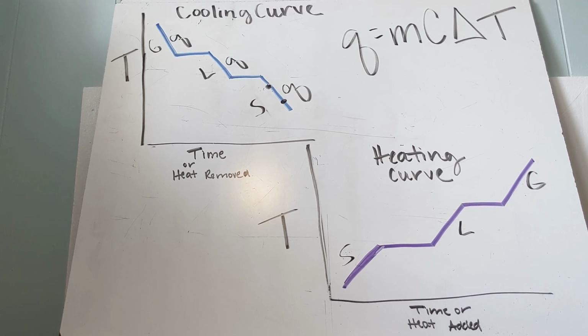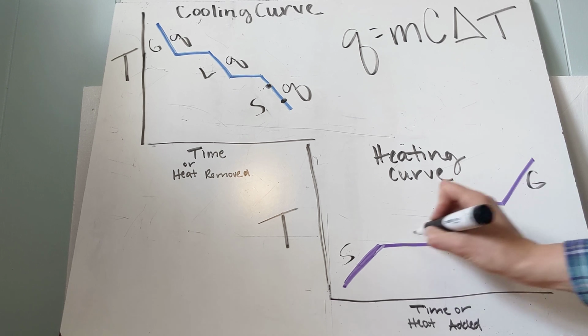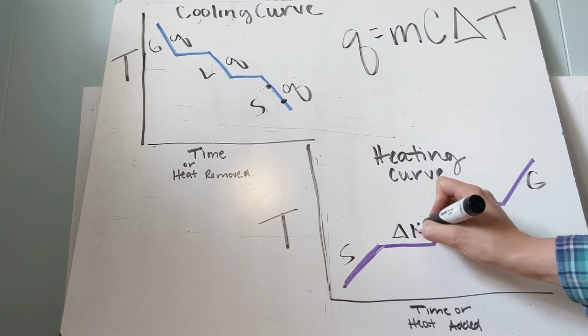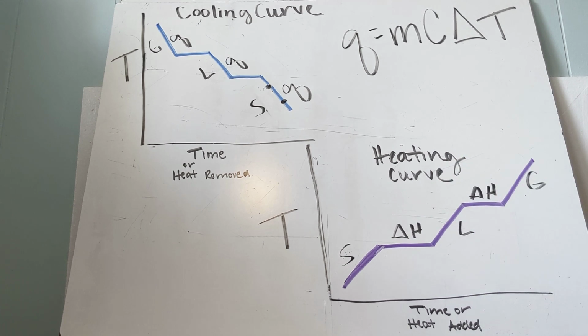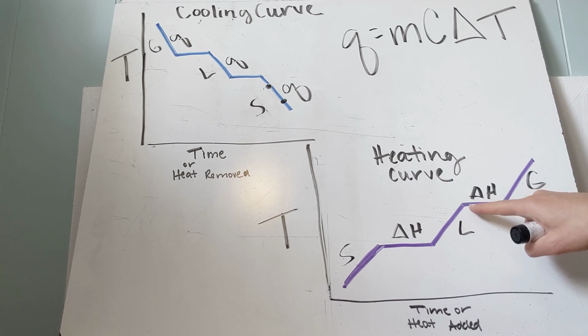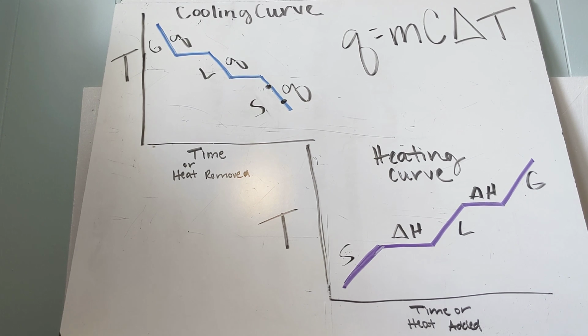We're not going to get into that so much today; we will get into that next week. That is something called delta H. Delta H is what is calculated on those straight lines, and it is how we calculate the heat absorbed or released while an object is at a phase change.